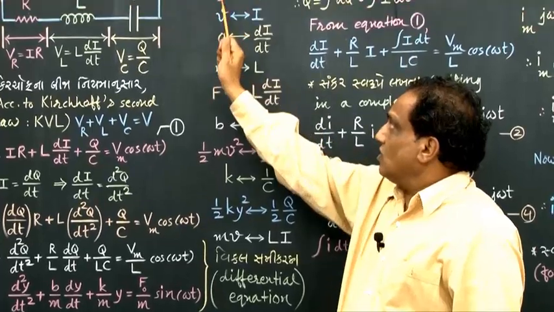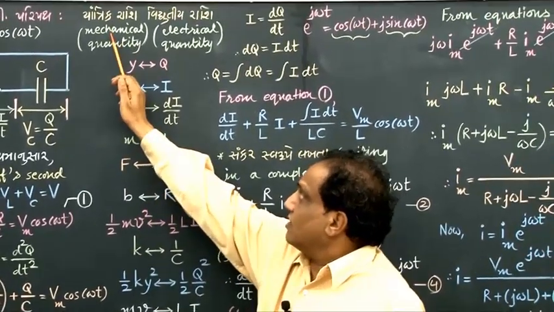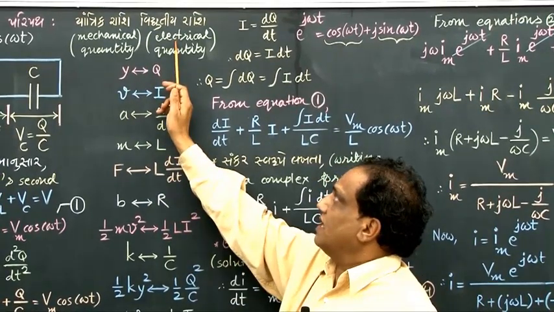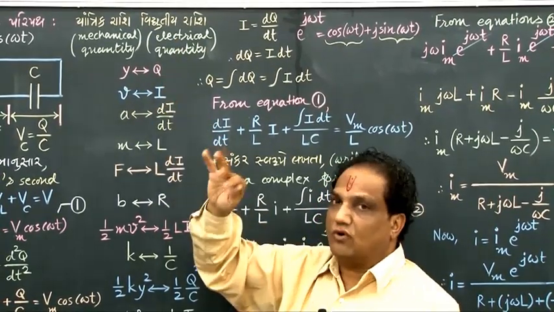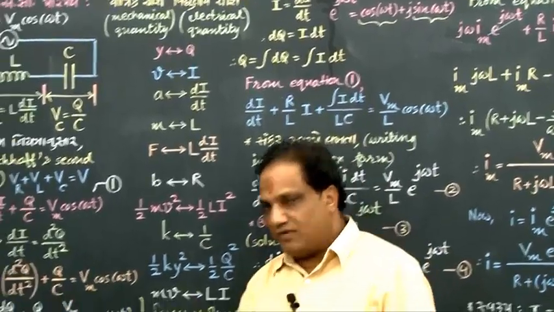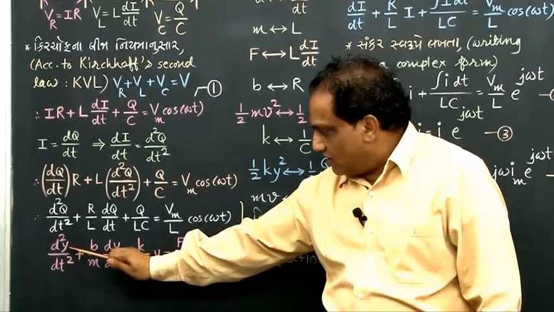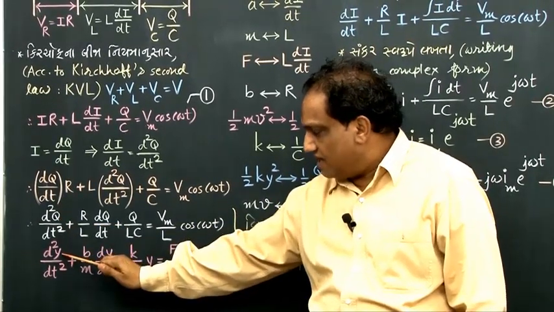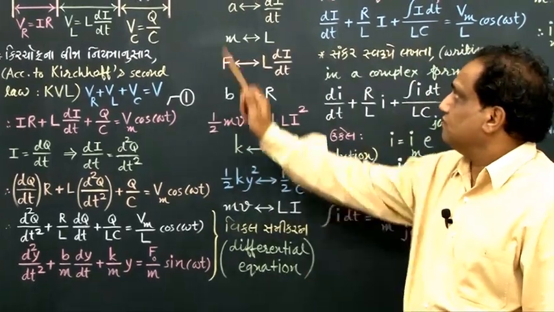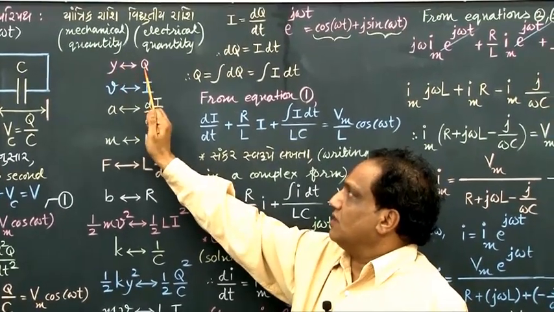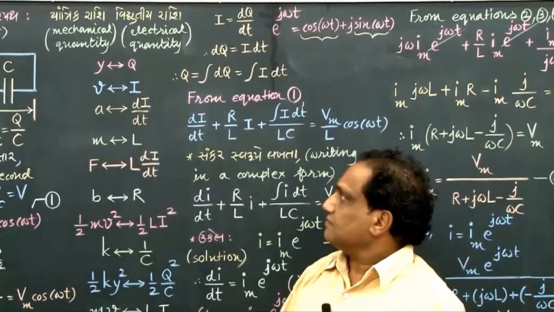Analogous means similar. What is similar to displacement? It is electric charge. So in place of y, the similar quantity is q. Displacement is similar to charge.